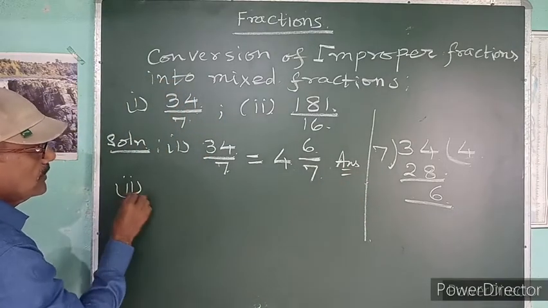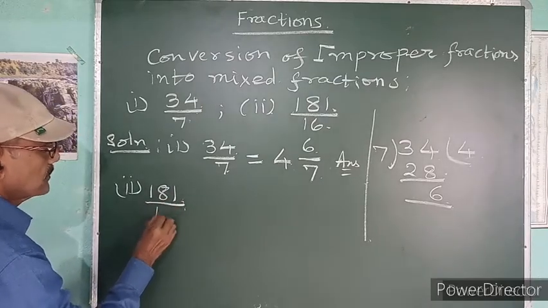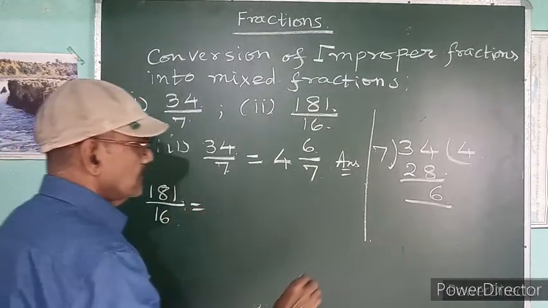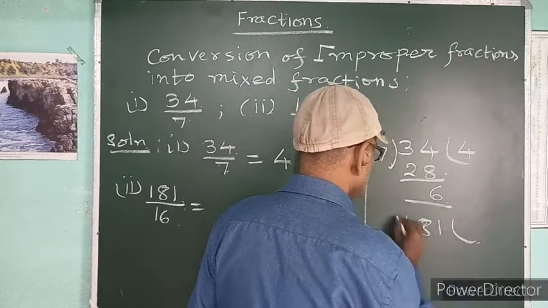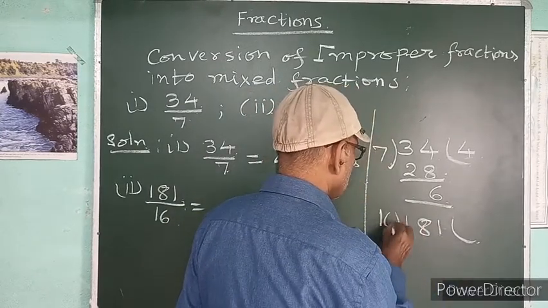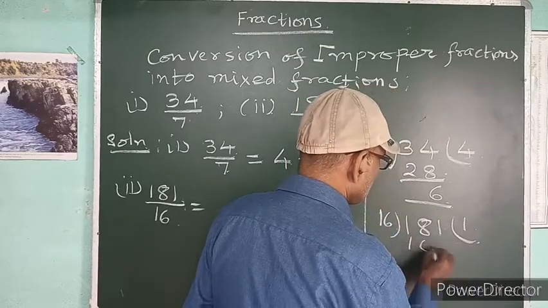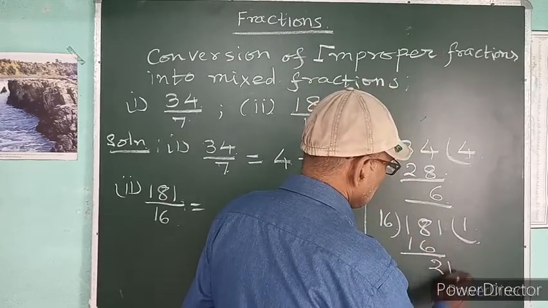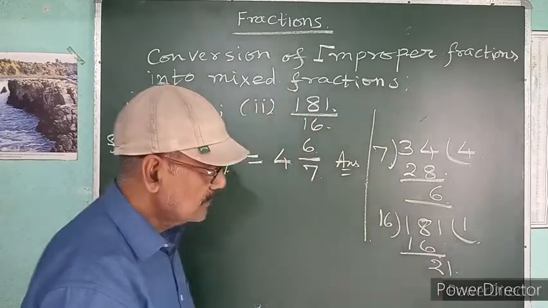For the next solution, 181/16. We will again divide 181/16. 16 1s are 16. 2 remaining. Take down 1. 21.